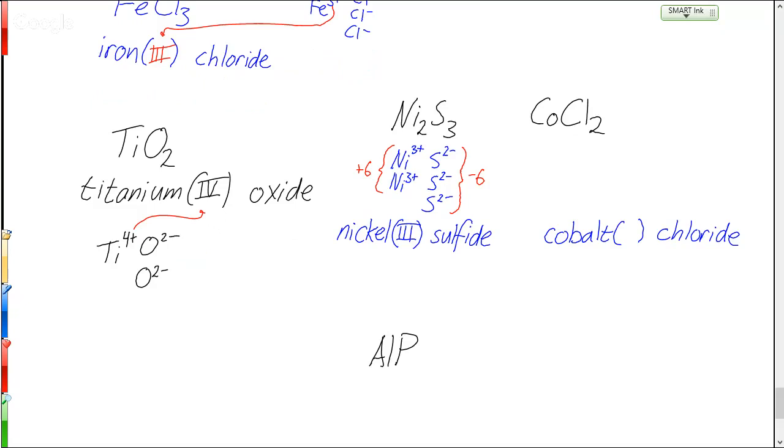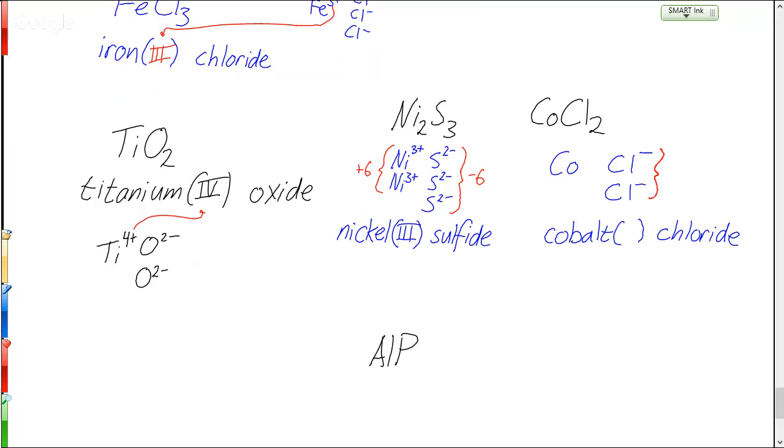We can write down that our formula gives us 1 Co and 2 Cl's. We can use whatever technique we want from what we've been talking about to figure out the charge on Cl, which is chloride, a -1 charge. And then we add up the charges and make them balance.